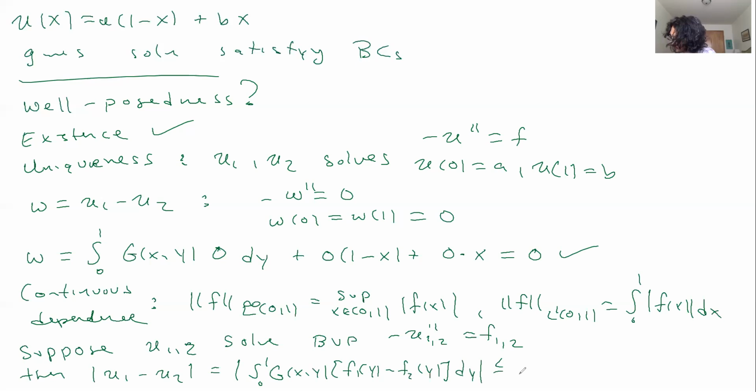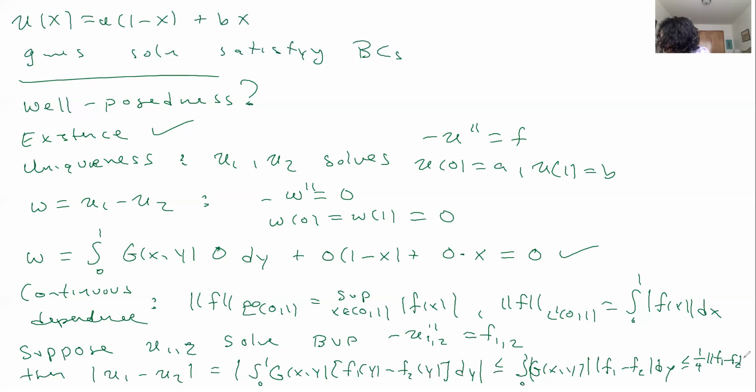We can bound this from above by the integral of |G(x,y)| |F1 minus F2| dy, okay? And then, of course, we know that the Green's function is going to be finite, and it's already positive.